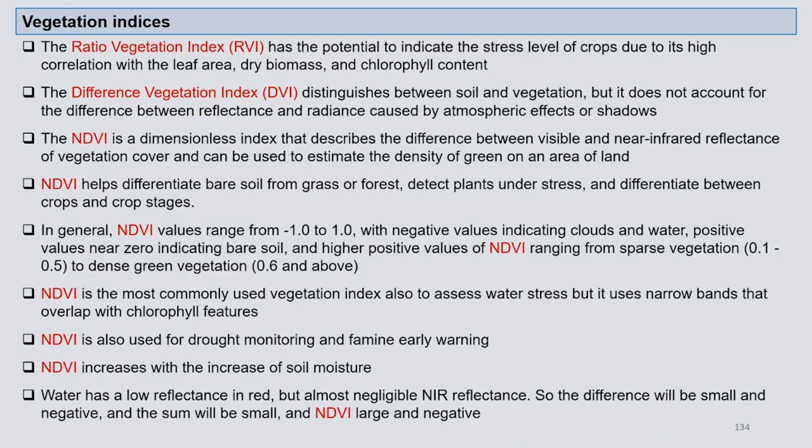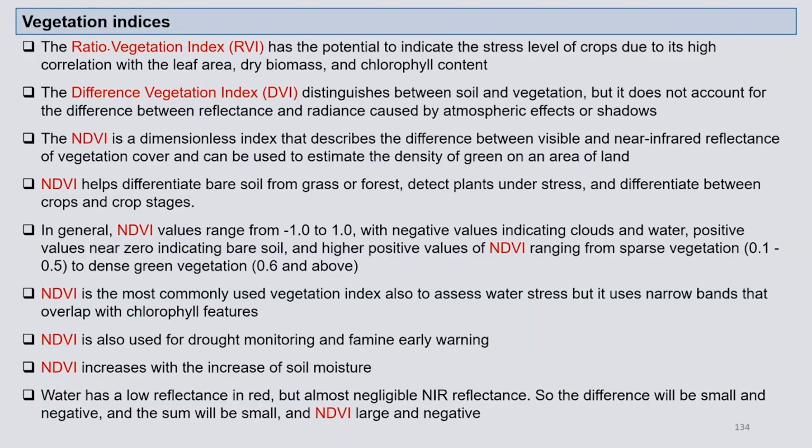Okay. Now, so many vegetation indices I mentioned in the last couple of minutes. For you, it is just that you try to remember some of them, that these are the different indices. To understand the applicability of this, you need especially a remote sensing or GIS course.